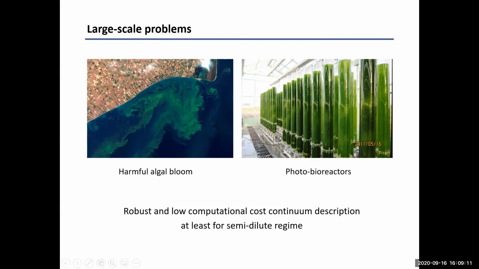These are examples where these suspensions are important in practice. You want to mitigate or predict the behavior of harmful algal blooms, which can destroy the local coastal area, and you also want to harvest biofuel from photobioreactors. This is where the problem size becomes big.